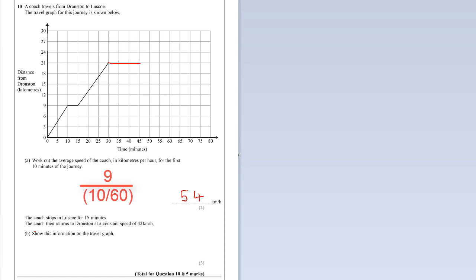And for the return, we can see that the distance is 21 miles, which is half of 42. And as we are travelling at 42 kilometers per hour, this will take exactly 30 minutes. And we draw this as a straight line. Okay, to finish off, we can add a line explaining our reasoning.